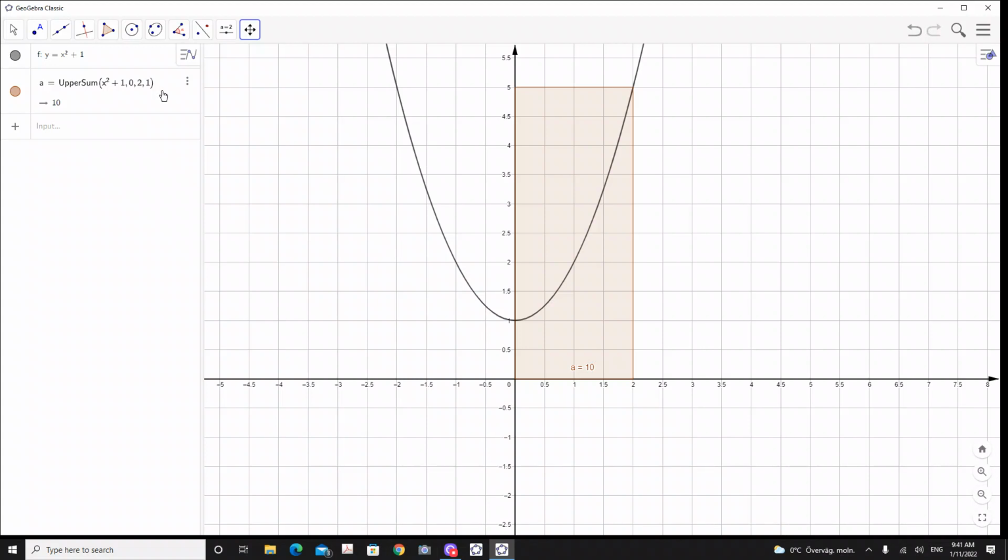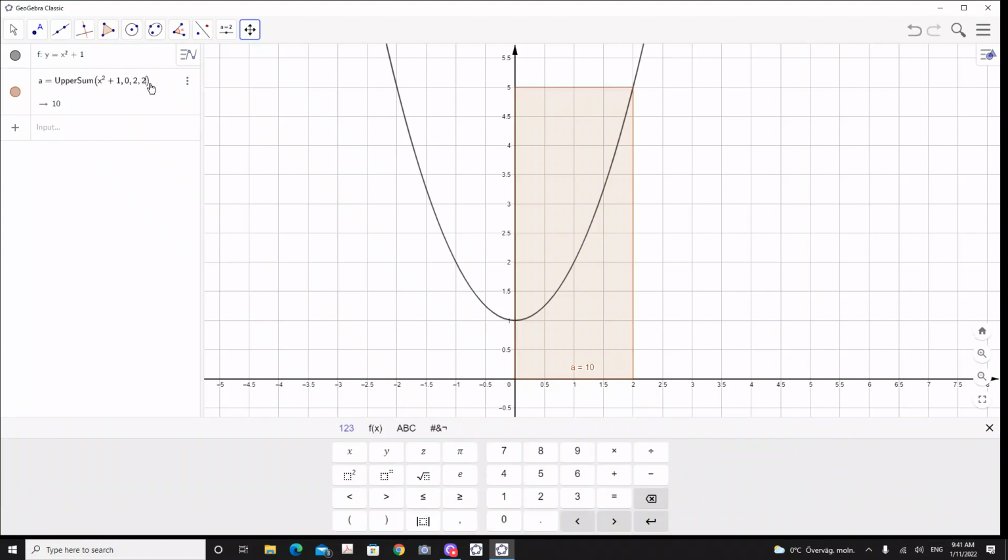Yes? But now, let me make it 2 rectangles. Then what happens? This is for 2 rectangles. I want you to be able to imagine it. Why is 2 rectangles of this form? Because from 0 to 2, I divided it into 2 parts. And then on this interval, I find the maximum value and I construct the rectangle.